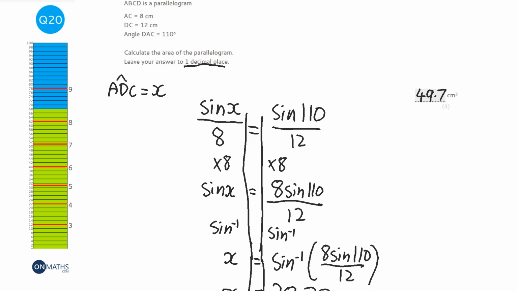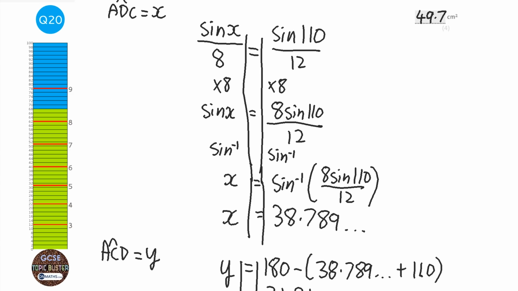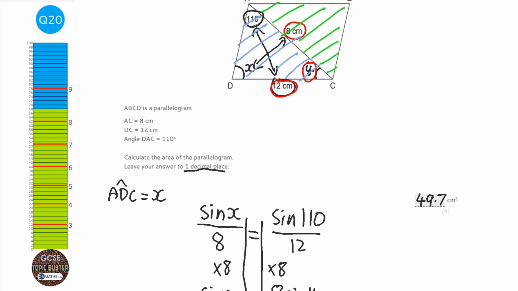Now if you didn't keep the numbers in your calculator and you rounded them, make sure you round them to 4 or 5 decimal places. So I would probably round it at least to 3 decimal places, but you normally want to go a little bit further. You might find that if you rounded it, you might get a slightly different answer to mine.